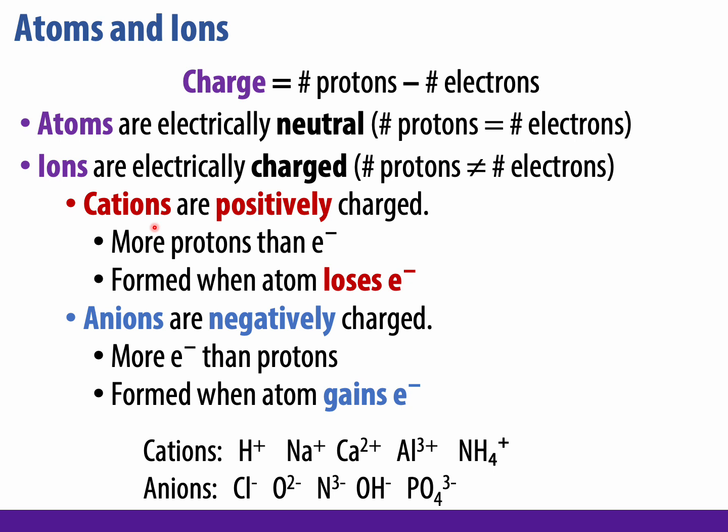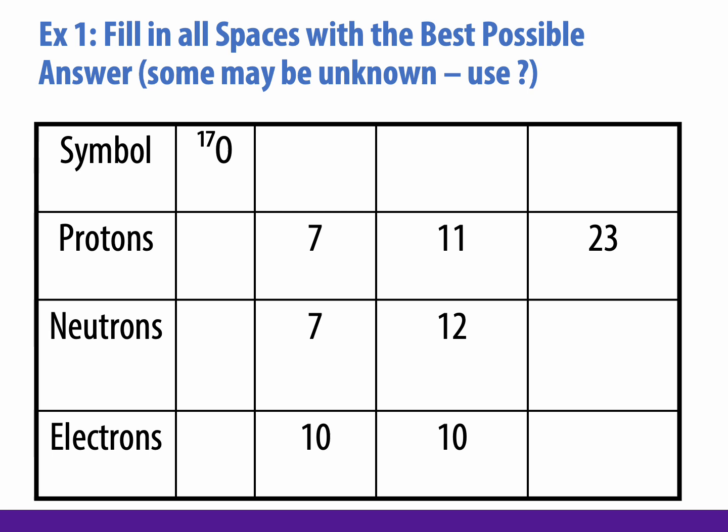We can't change the number of protons in an atom in normal chemistry. That would be a nuclear reaction, like a fission or fusion reactor. So all we're doing in chemistry is gaining or losing electrons, not changing the nucleus in any way. Here are some examples of different cations and anions, represented with those superscripts.